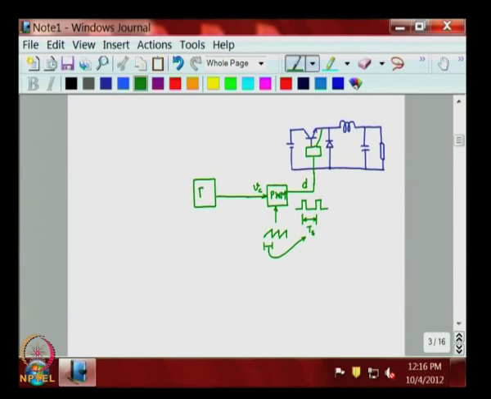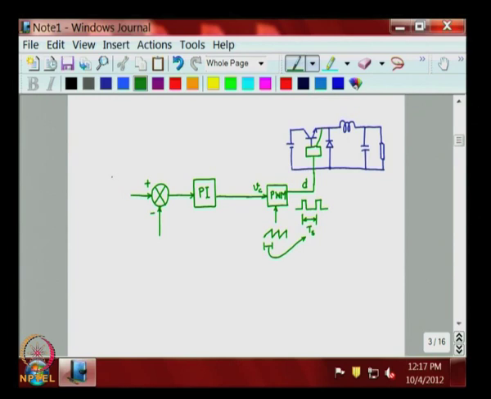Now, let us say this controller is a PI controller to start with, and the input of the controller is actually coming out of a compare block, which compares a reference with the feedback signal. So, we will call this the compare block.